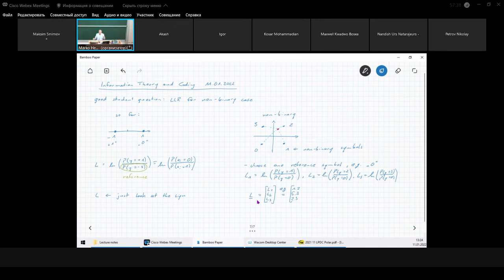In this Gaussian distribution, the probability for small noise values is larger than the probability for large noise values. And this is why, if I observe such a red vector at my correlator outputs, it's more likely that a symbol 2 was transmitted than a symbol 0.